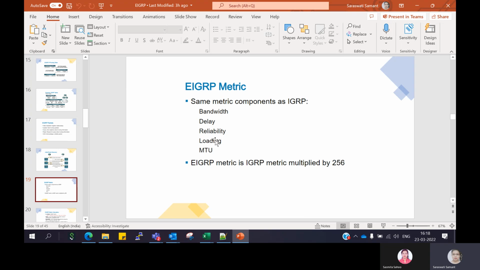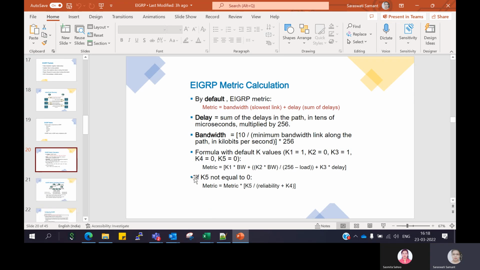Metrics: bandwidth, delay, reliability, loading, MTU, maximum transmission unit. Bandwidth of the link, delay in the packet, reliability. Those are the metrics which we'll be considering. Generally, EIGRP metric is multiplied by 256. So we consider it in the form of K values: K1, K2, K3, K4, K5.